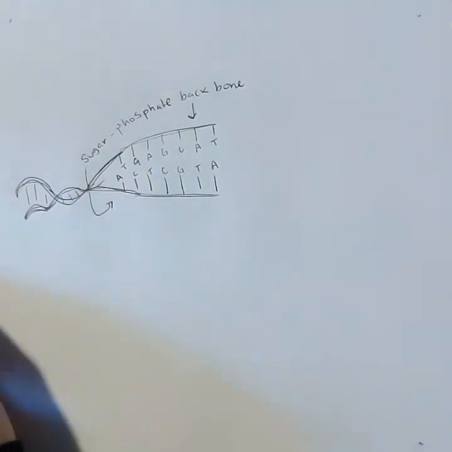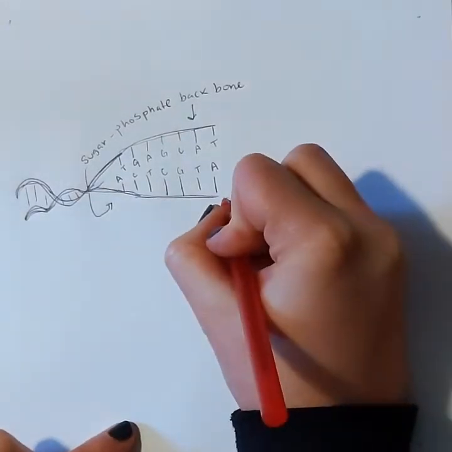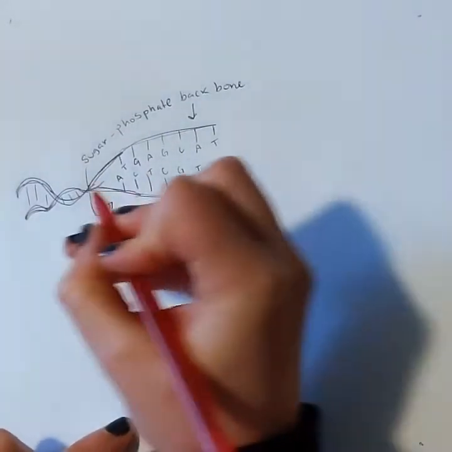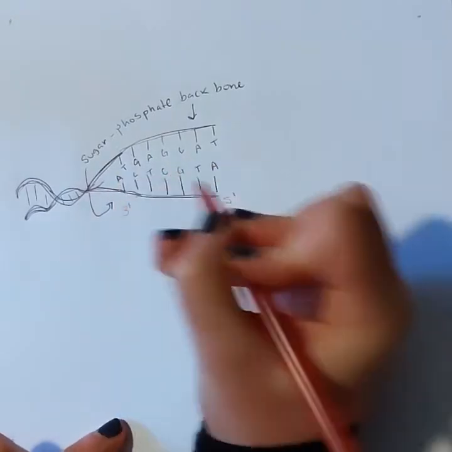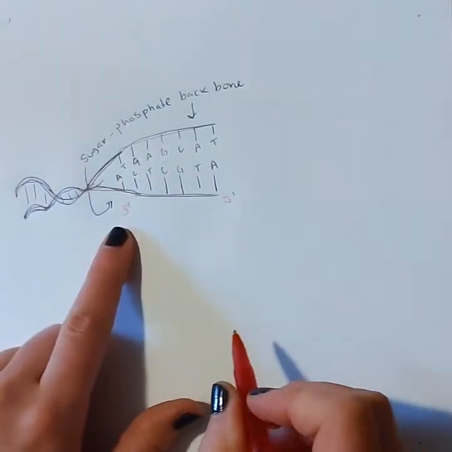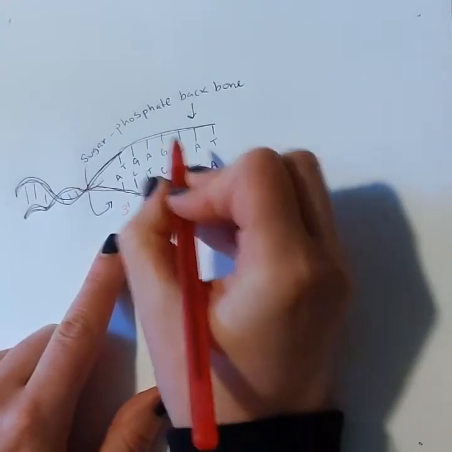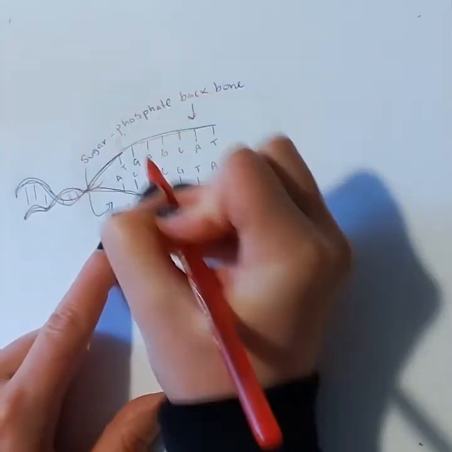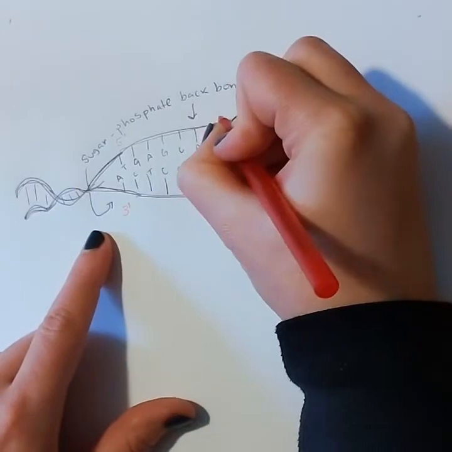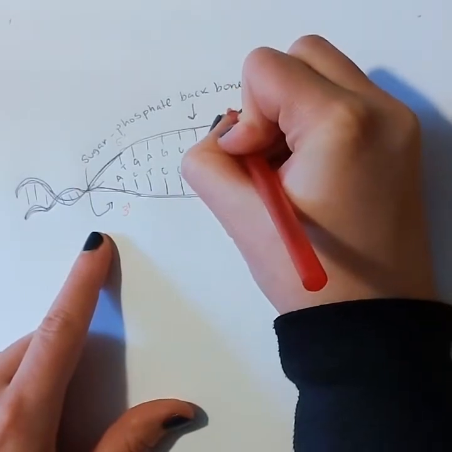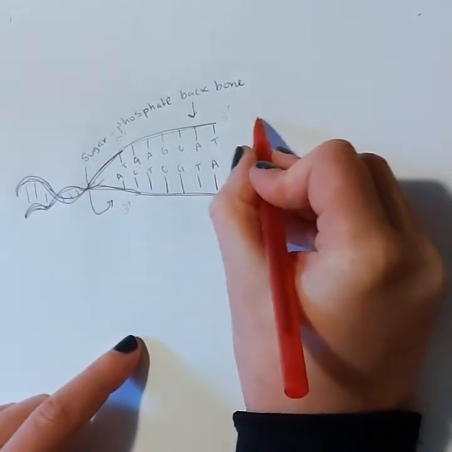Now, my DNA double helix is anti-parallel, which means that if this is 5' on this side, it must be 3' on this side. The other side is going to be the opposite. So 5' here, that means that 5' is on this side, and the 3' is on this side. They're going in two different directions.